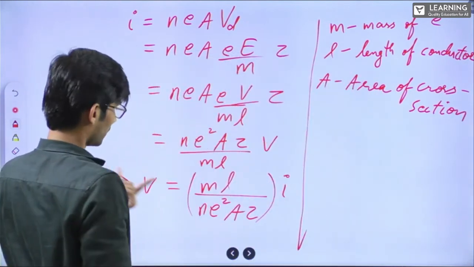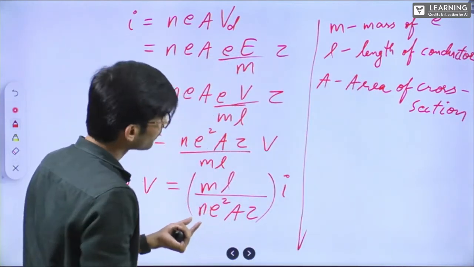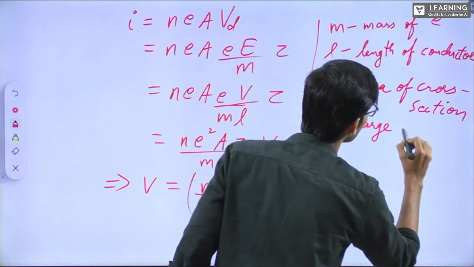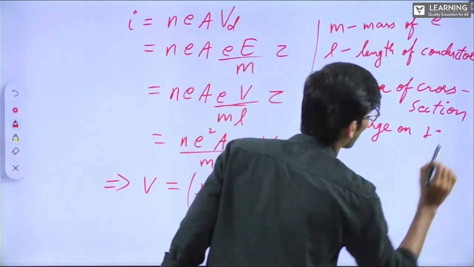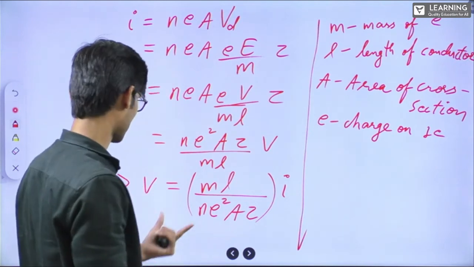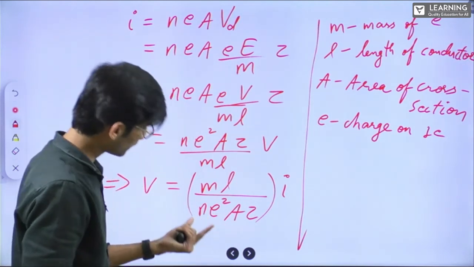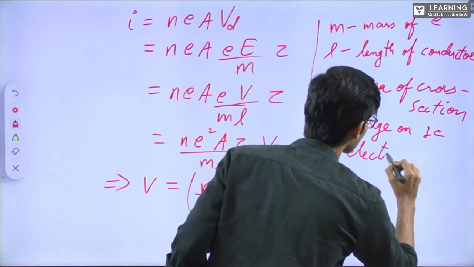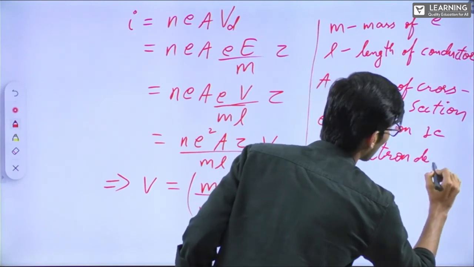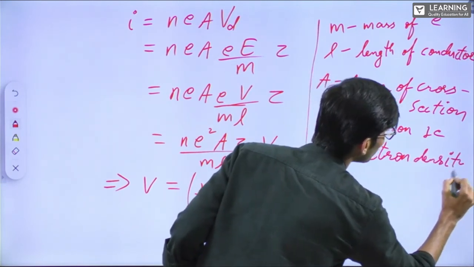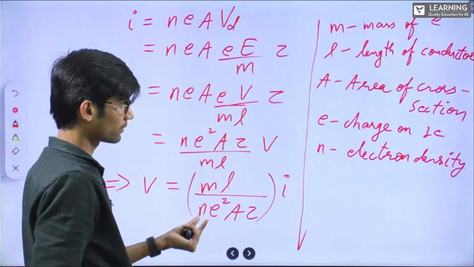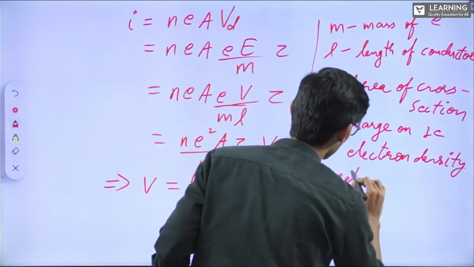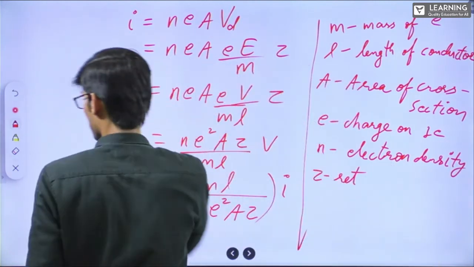Correct? Then e, charge of one electron. Correct? Then n, electron density. Tau, relaxation time. Average relaxation time.